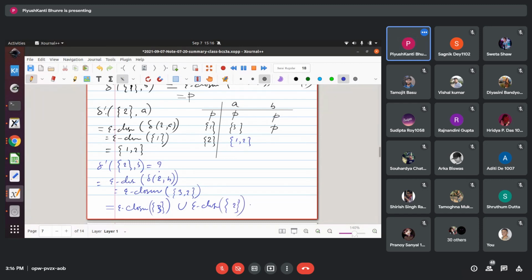Okay. So epsilon closure of 3 is 3. Epsilon closure of 2 is 2. So they remain the same.